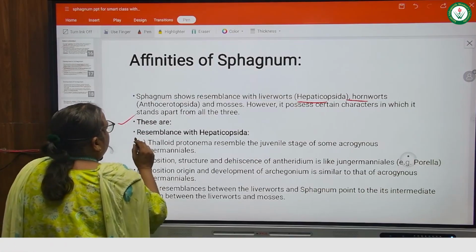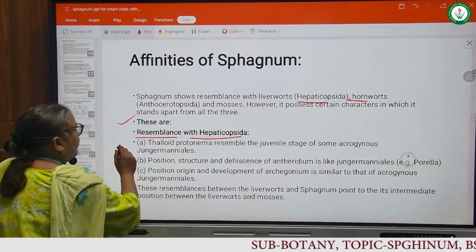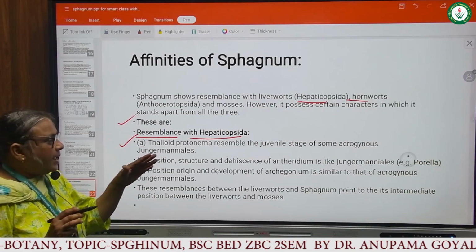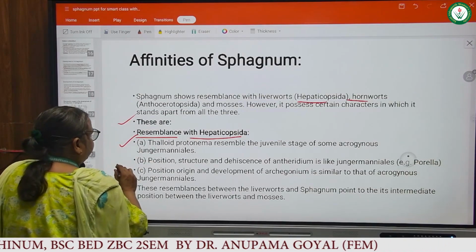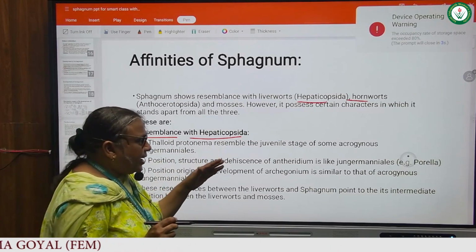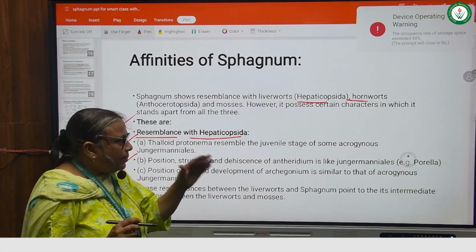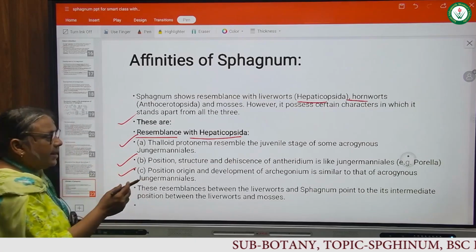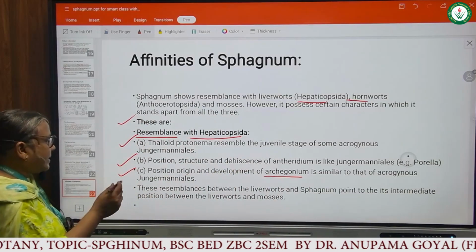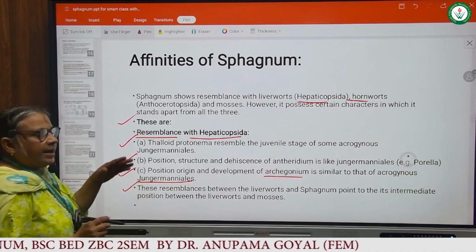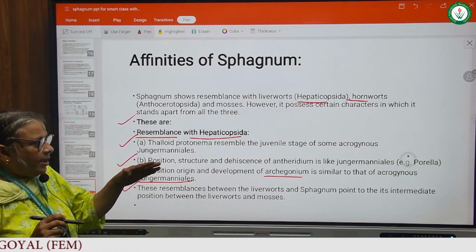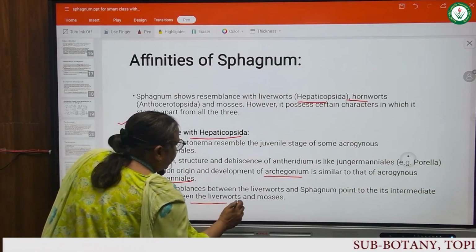These are, first of all, resemblance with Hepaticopsida. First of all, the thalloid protonema resembles the juvenile stage of some acrogynous Jungermanniales. Second, the position, structure, and dehiscence of the antheridium is like Jungermanniales, for example, Porella, and the position, origin, and development of the archegonium is similar to that of acrogynous Jungermanniales.